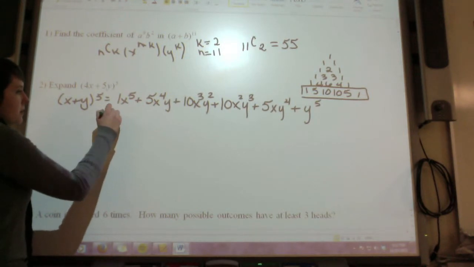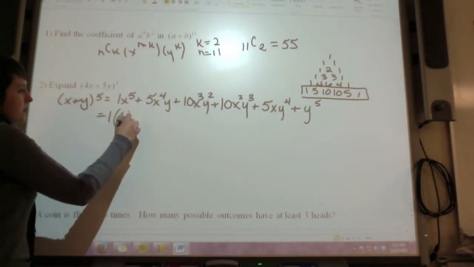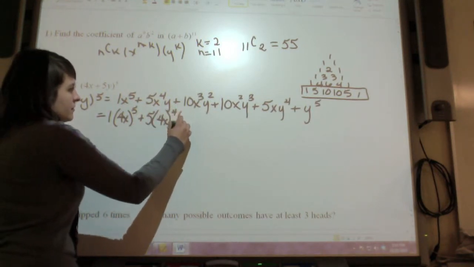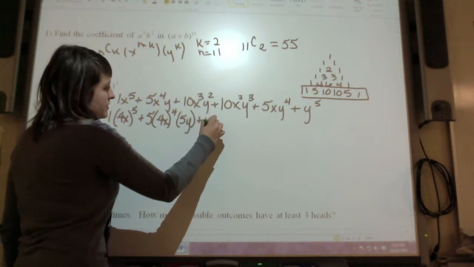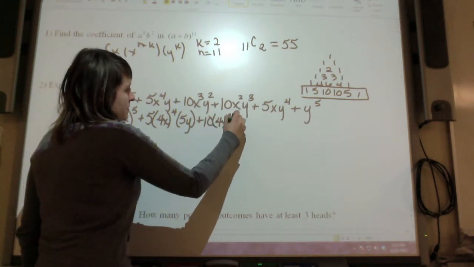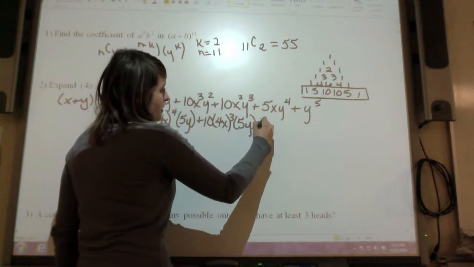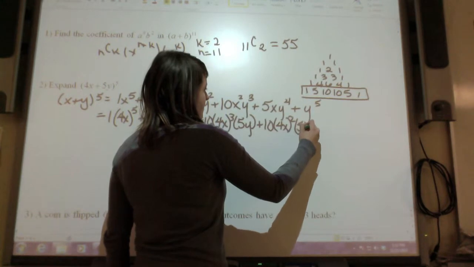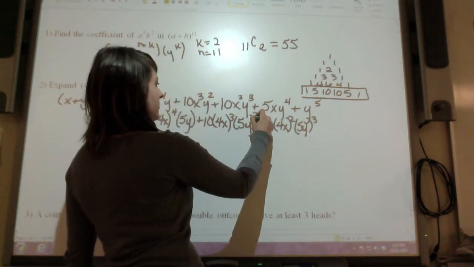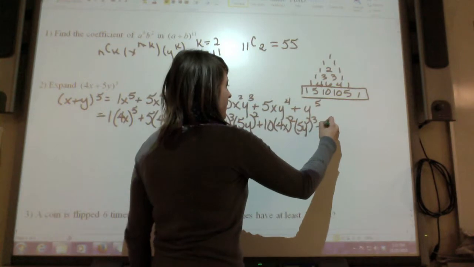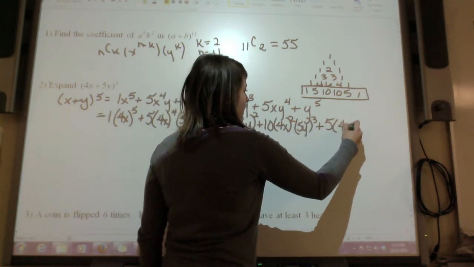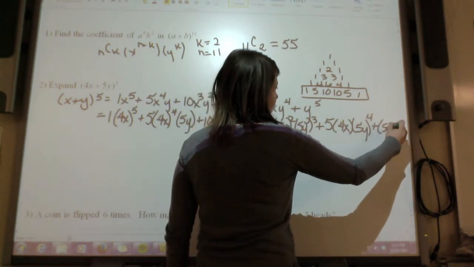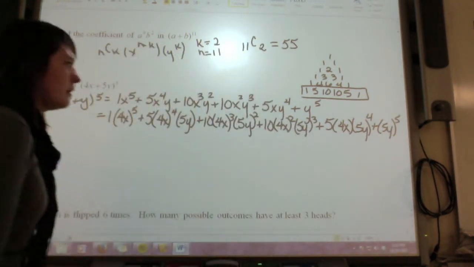So this is going to be 1 times 4x to the 5th plus 5 times 4x to the 4th times 5y plus 10 times 4x to the 3rd times 5y squared plus 10 times 4x squared times 5y to the 3rd, plus 5 times 4x times 5y to the 4th plus 5y to the 5th.